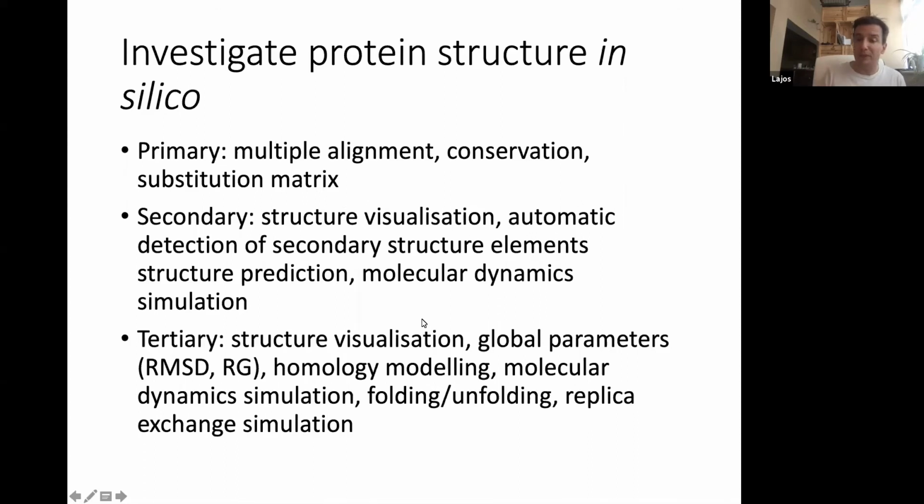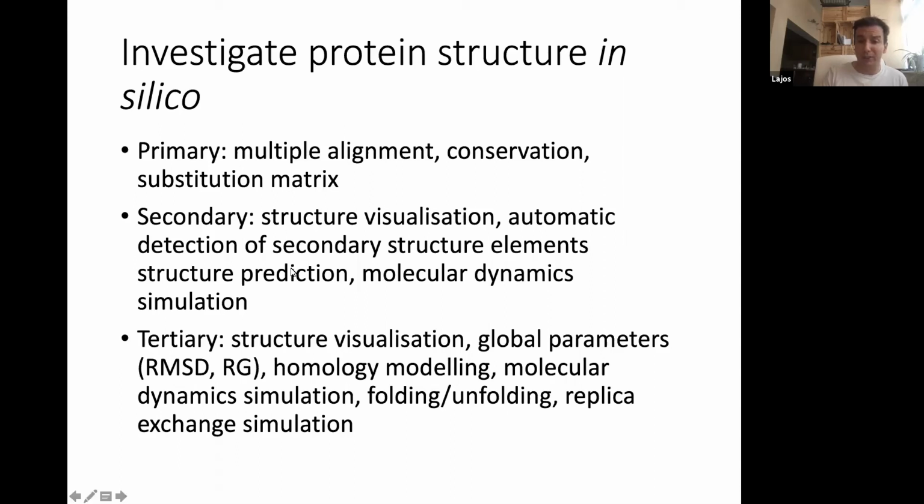If you are not that lucky, then you can predict these secondary structure elements. It can be extremely important. I will speak about this later, why the secondary structure is extremely important. It's not just because these secondary structure elements are the building blocks of the tertiary, the complete structure, but in many other cases, secondary structures have other significance as well.